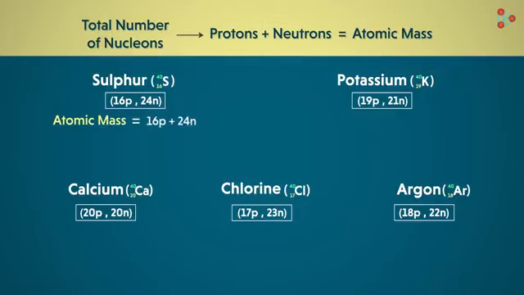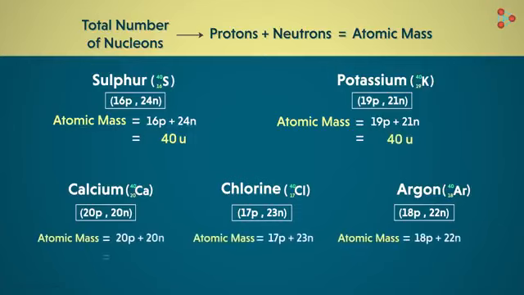So the atomic mass of this isotope has to be 40 units. That's 16 plus 24. Next is the potassium isotope having 19 protons and 21 neutrons. So again, we get the atomic mass as 40 units. And similarly, we get the atomic mass as 40 units in each of the remaining cases.